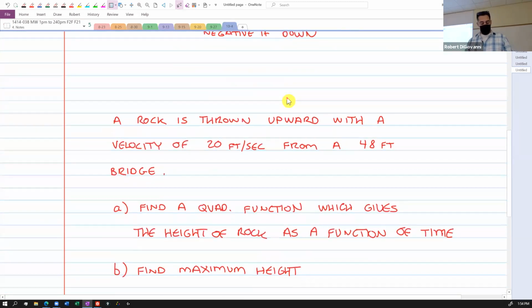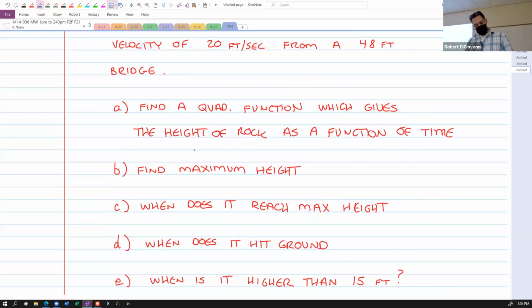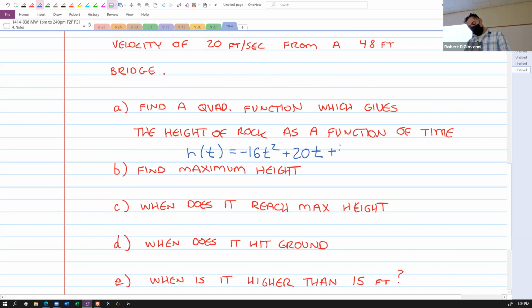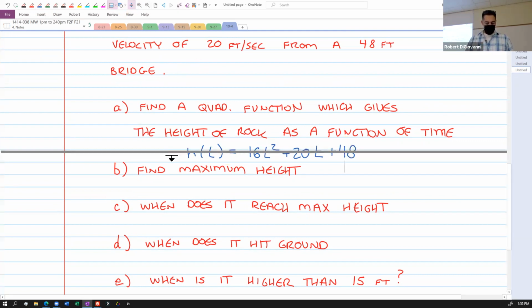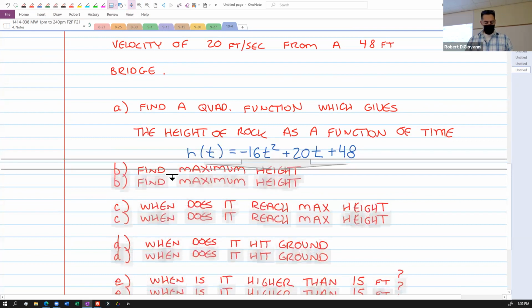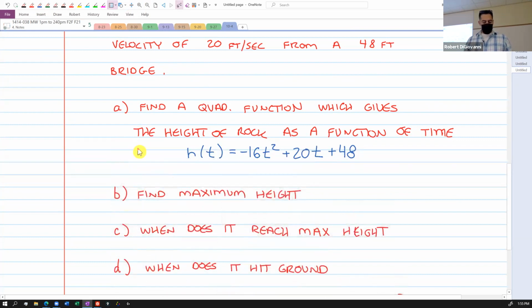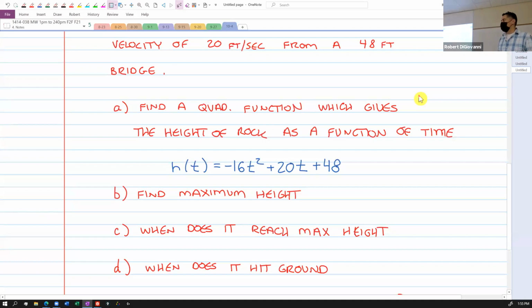So this formula becomes h of t equals negative 16 t squared plus 20t plus 48. That is the quadratic function that will give you the height of this rock after some amount of time if we neglect air, right?